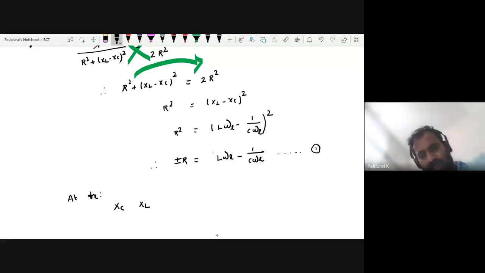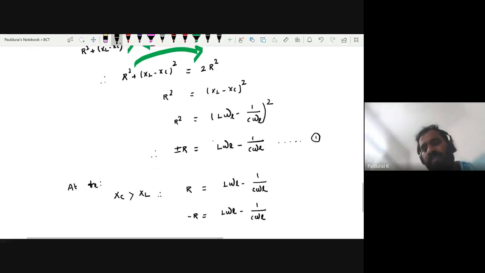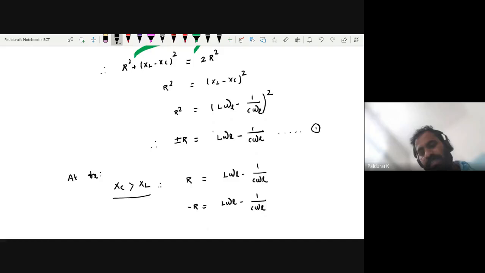If XC is greater than XL, then this L omega L minus 1 by C omega L, is it equal to R or minus R? Minus R. Why? Since XC is greater than XL, but here this is XL minus XC. So obviously you will get minus R.